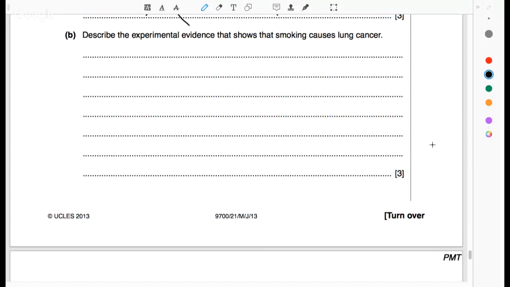Okay, good. In terms of animal experiments, do you know any experiments that could show that smoking causes lung cancer? Is it with a specific animal? With the dog? Yeah, good. So it's a beagle experiment. Just give me the key points from that.